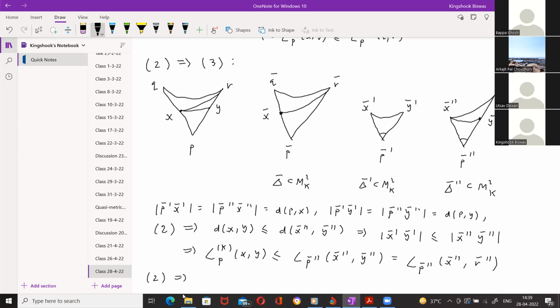So what does that give me? The distance from X to R is the same as the distance from X bar double prime to R bar double prime. So I get that the distance X bar double prime, R bar double prime, which is equal to distance XR, is less than or equal to distance X bar, R bar.